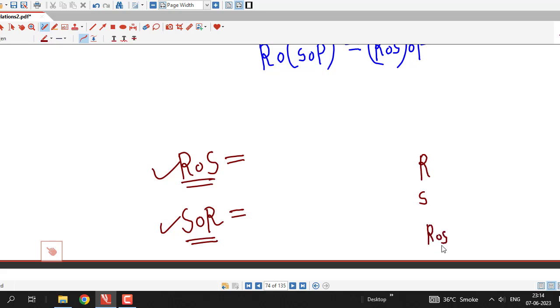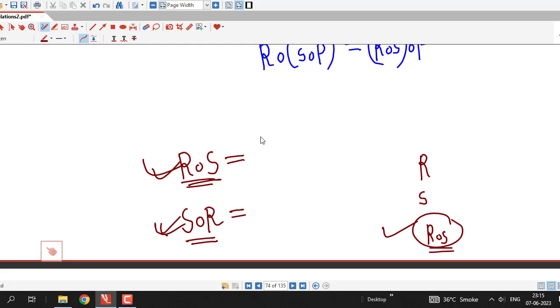If they ask you to find R composite S, you should find R composite S as well as S composite R, because different colleges may use different notations.